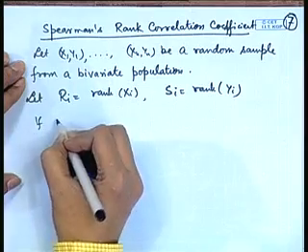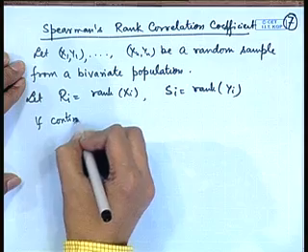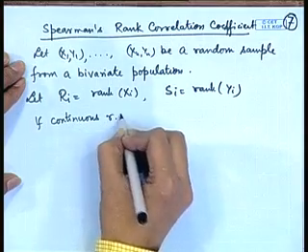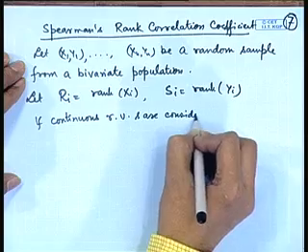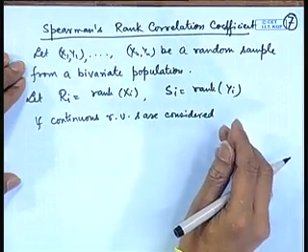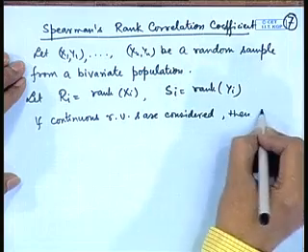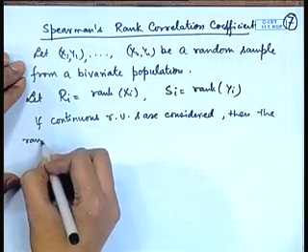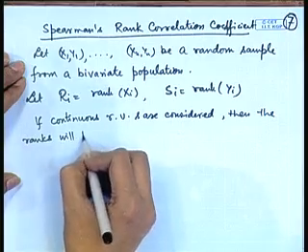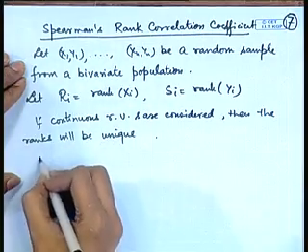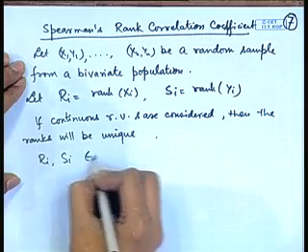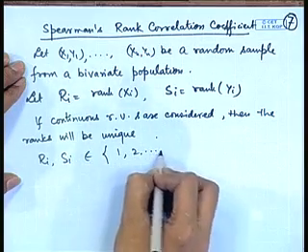So, if continuous random variables are considered, for example, heights, weights, incomes, these can all be considered as continuous random variables. Then the ranks will be unique. So, Ri, Si both will belong to the set 1 to n.